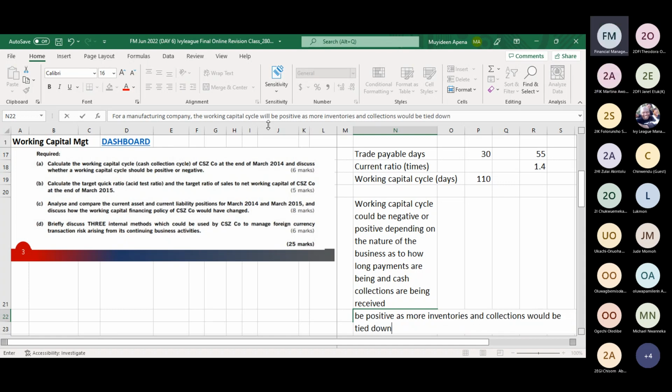A lot of this will be tied down, isn't it? Whereas suppliers would have to be set, isn't it?